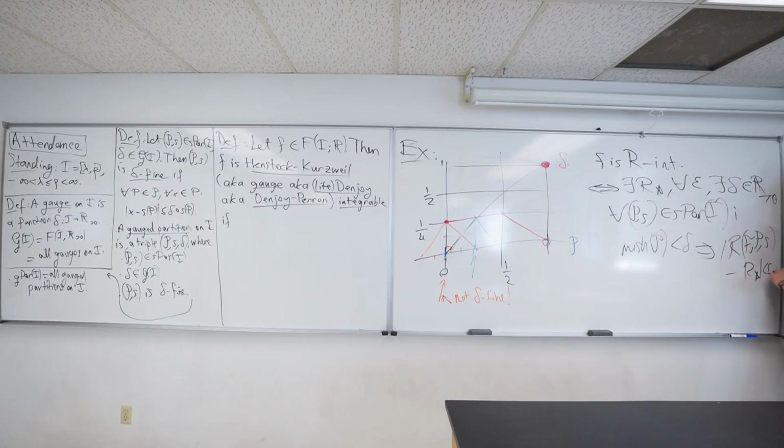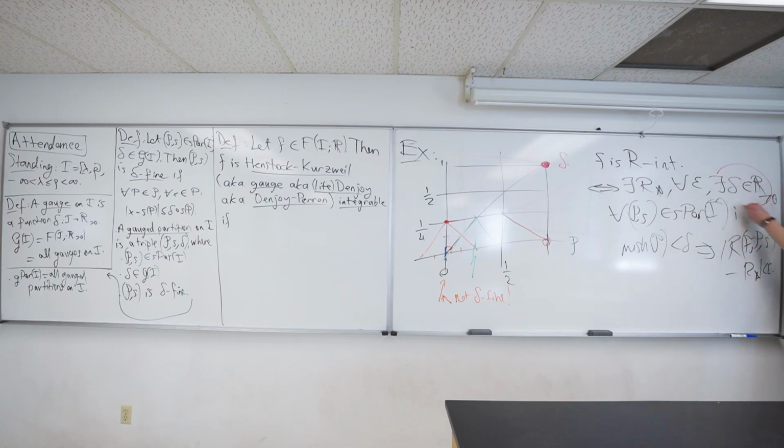Okay? And so to get the definition for Henstock-Kurzweil, essentially all I'm going to do is turn this into a gauge. So in the Riemann integrable case, I'm thinking of this as a constant gauge. Now I'm allowing myself non-constant gauges. Okay?